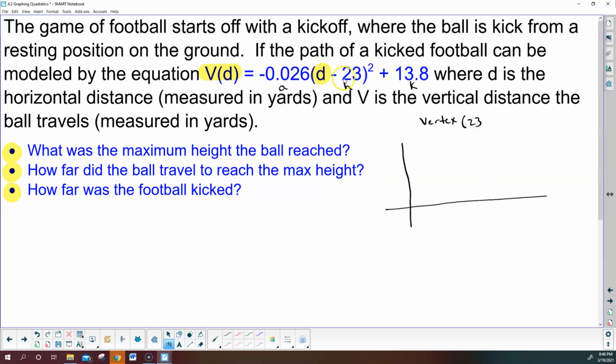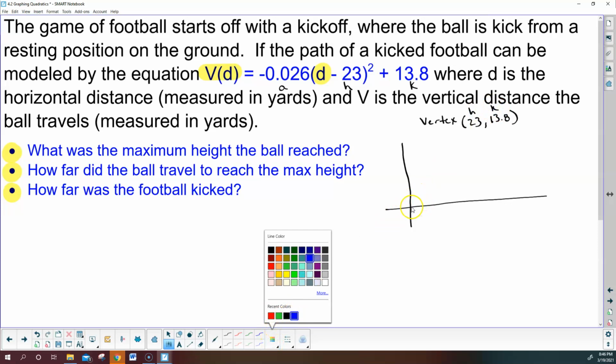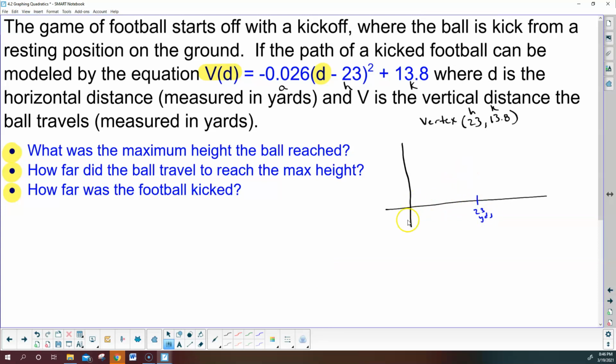So x minus h, so h is 23, and k says go up 13.8 yards. There's h, there's k. Well, let's graph that quick. If I was to graph this, I would go over 23 yards, and then I would go up to wherever 13.8 yards would be. And you don't need a detailed graph on this, but there's my vertex.